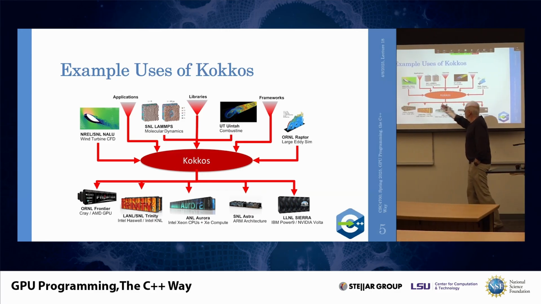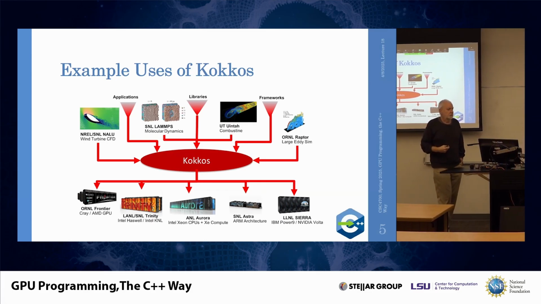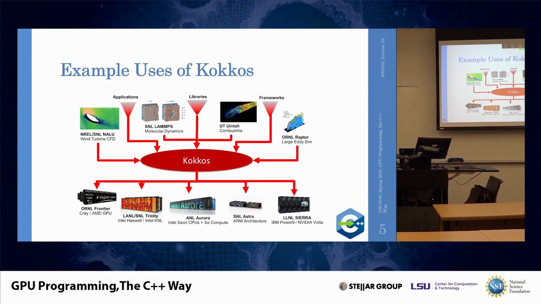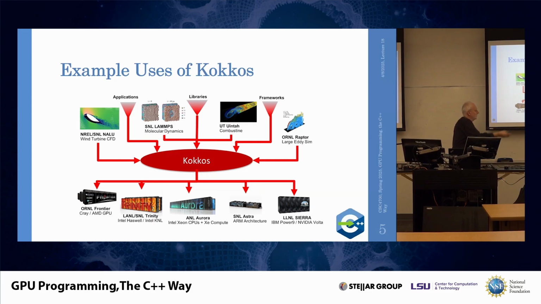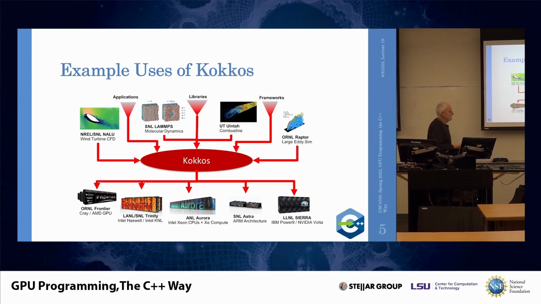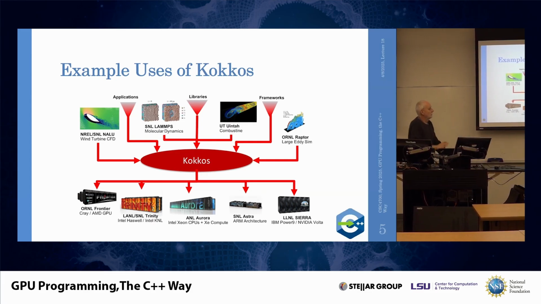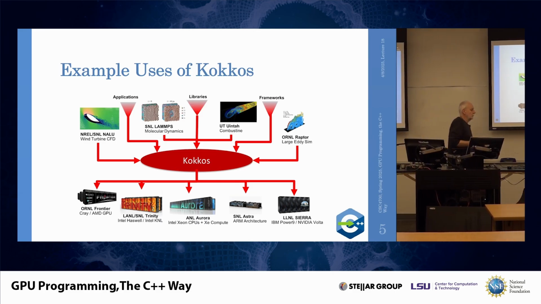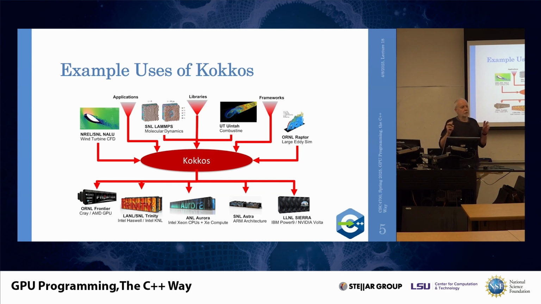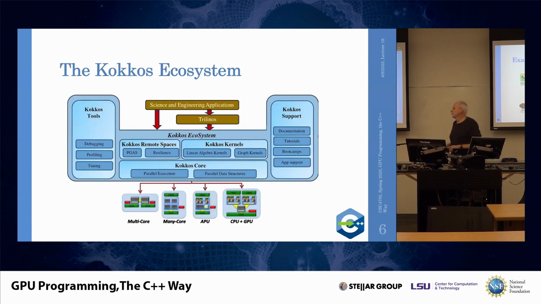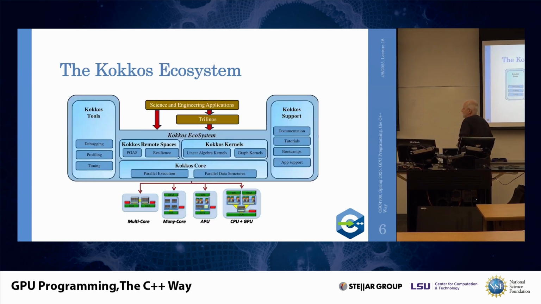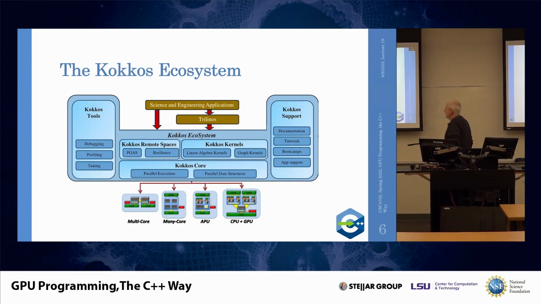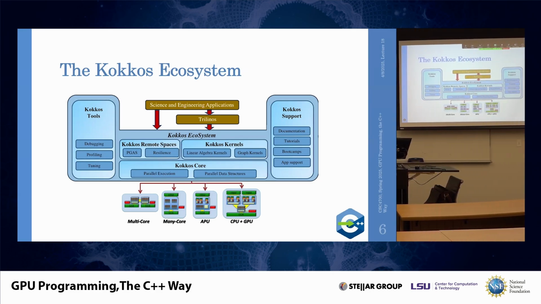And Kokkos itself has various backends that allow the code to be compiled on different architectures, on different systems, and still run performantly on all those systems. So the main selling point of Kokkos is what they say: we are portable in code and performance. Just another slide I stole from their introductory tutorial slides.